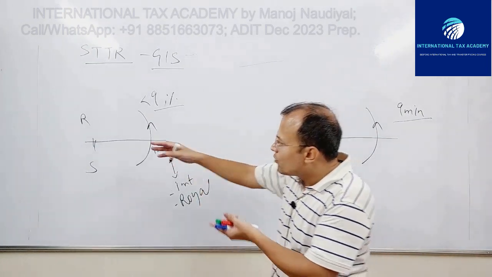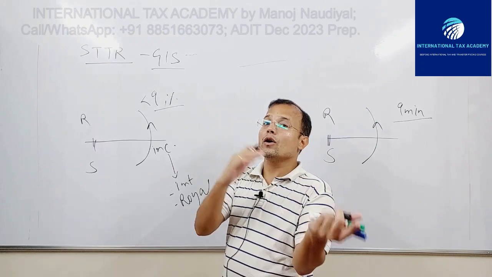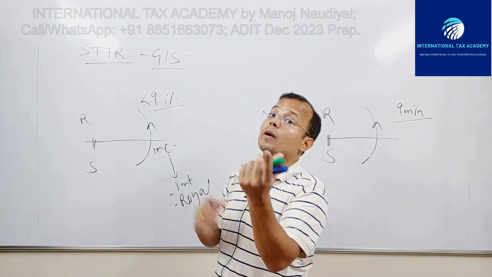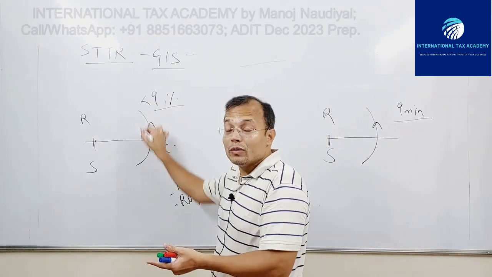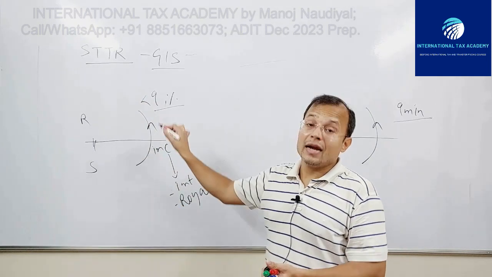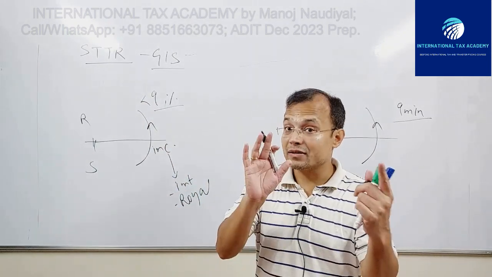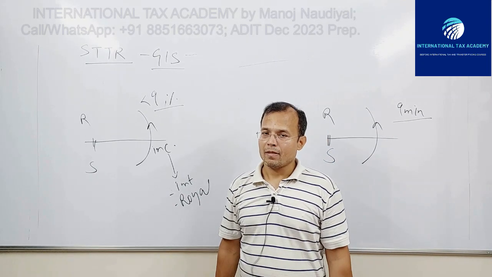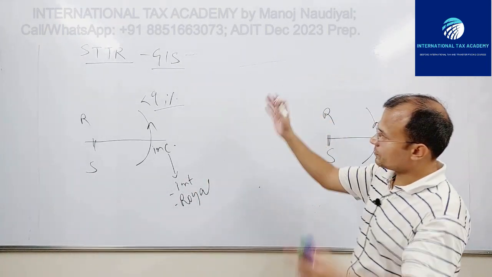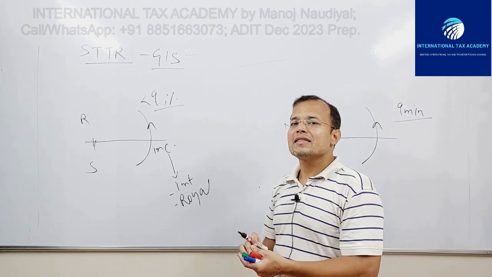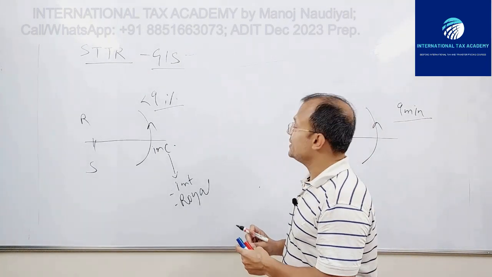These payments have to be between the M&E group companies. So these are intra-group payments, or payments between connected persons, connected companies. So this is the basic scheme of STTR.